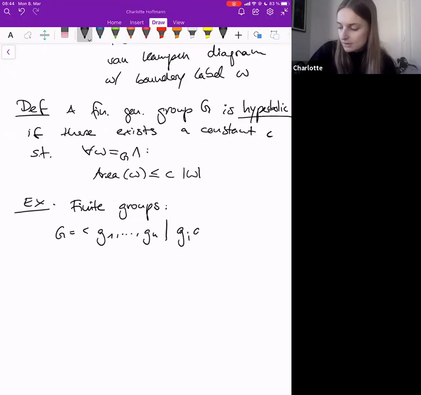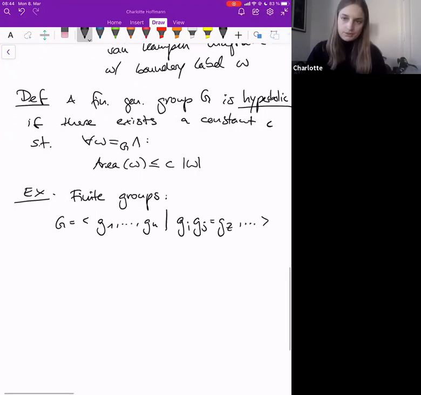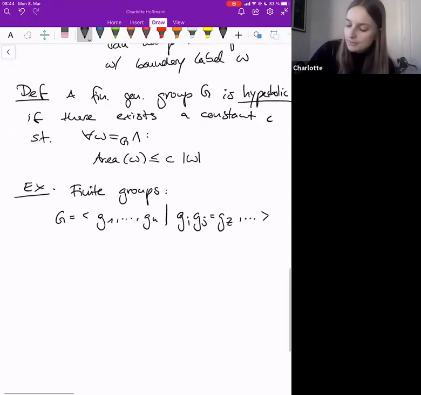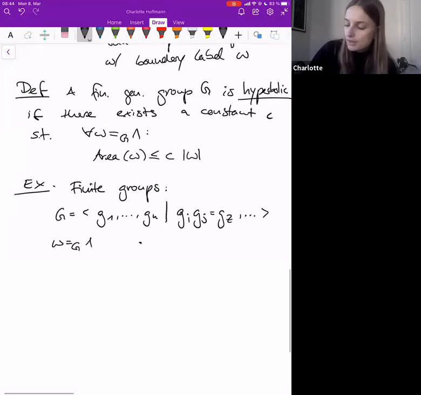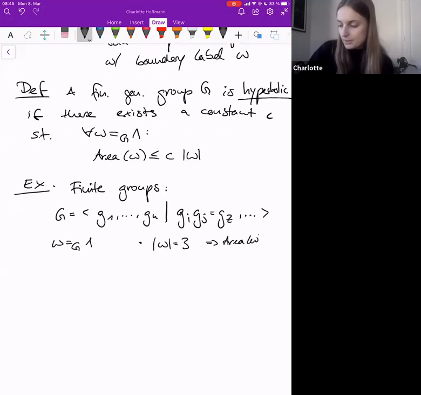So they look something like this: g_i times g_j is equal to g_k, and so on. Okay, and then if I have some word that is trivial in the group, then I either have that the length is already 3, but then W is just some relator. And so I have that the area of W is 1.